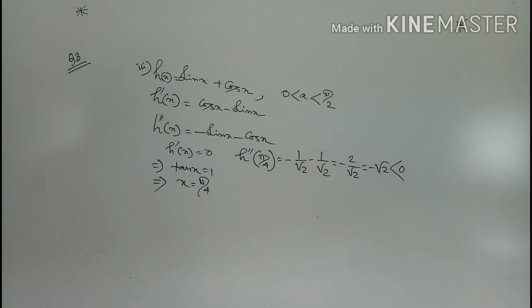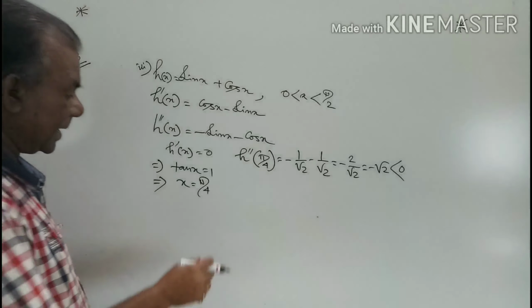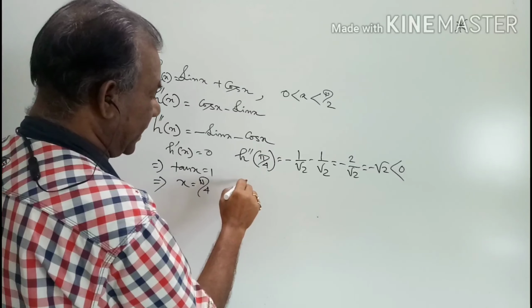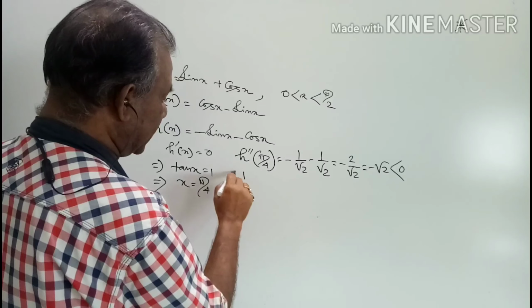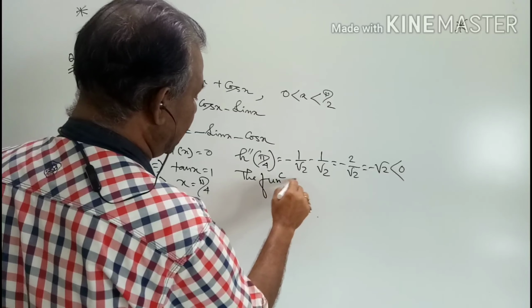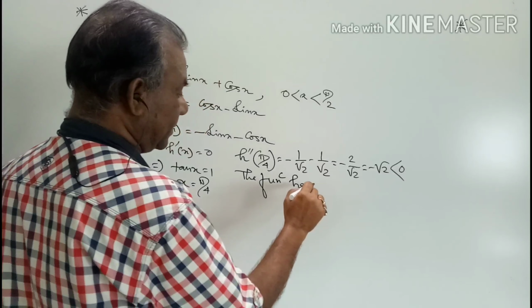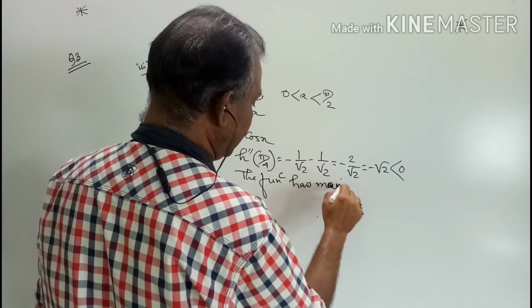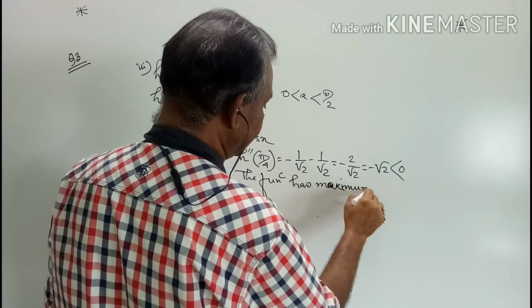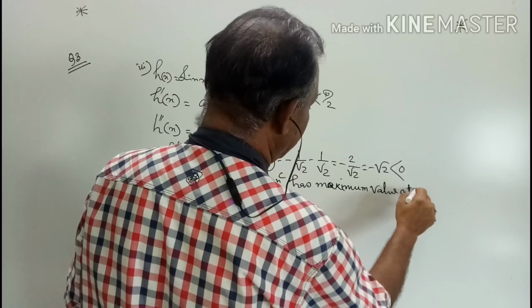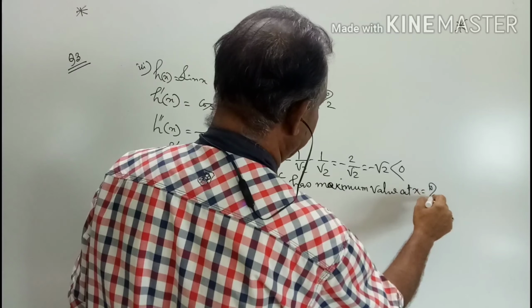So the function has maximum value at x equal to pi by 4.